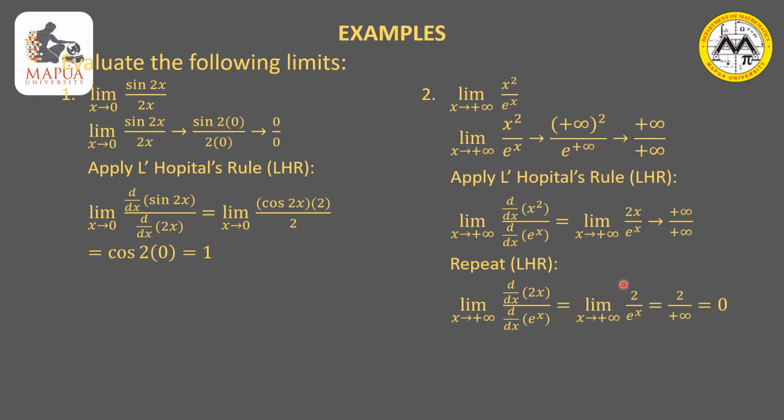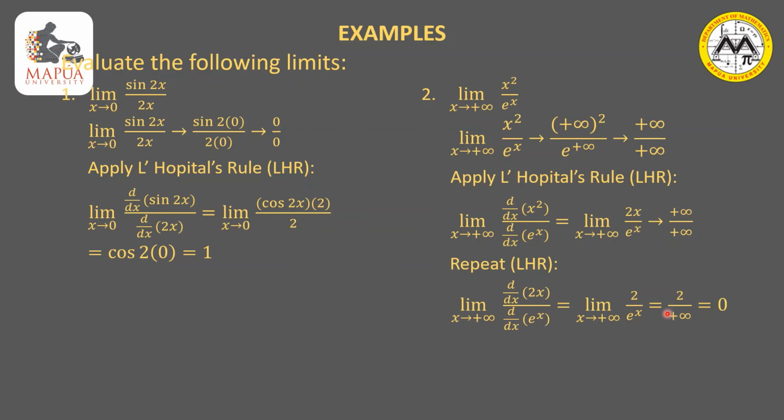Now we have this new fraction. We investigate what the limit would be as x approaches positive infinity, and that limit will be in terms of 2 divided by something that increases without bound. This ratio value will be decreasing and decreasing as x increases, and therefore this ratio will be approaching 0.